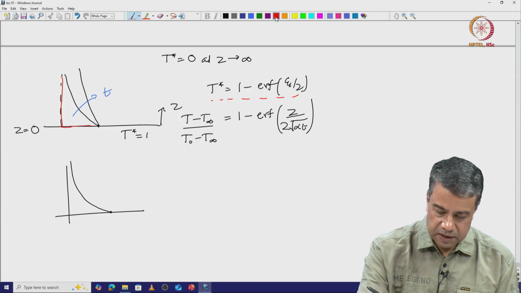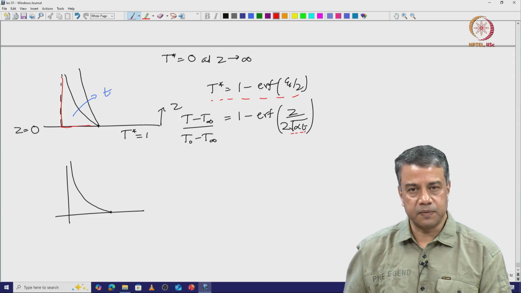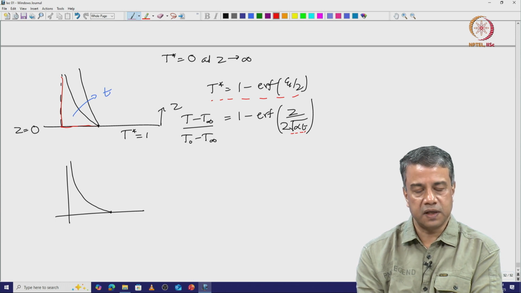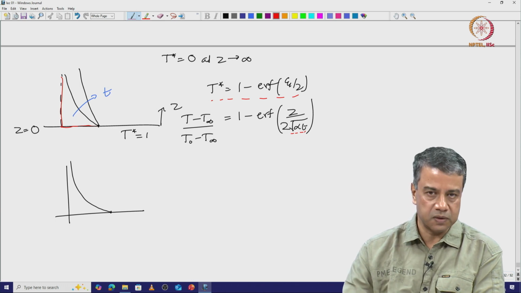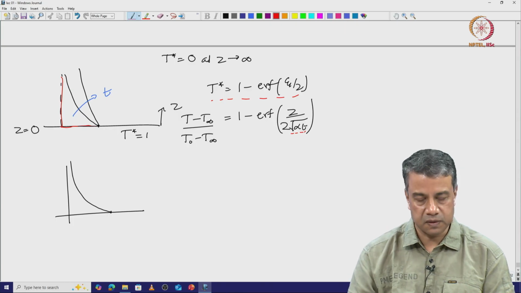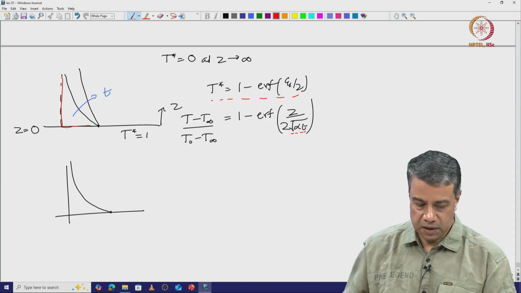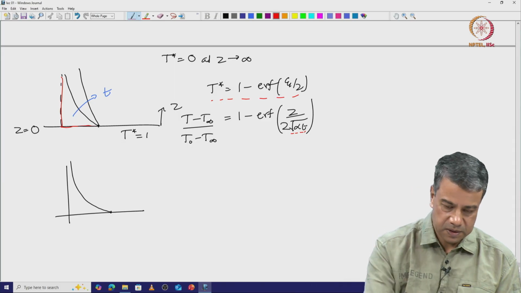Note also this length scale root alpha t that is appearing here. In the limit as z by root alpha t goes to infinity, the temperature goes to 0, as shown over here.